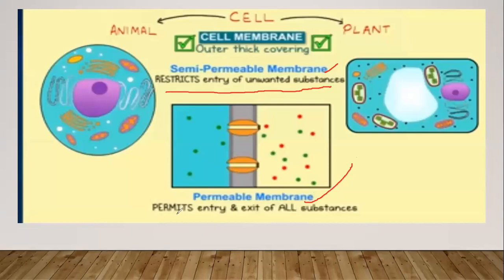That means it can permit entry and exit of substances. So this is the basic character of the cell membrane, that is plasma membrane.